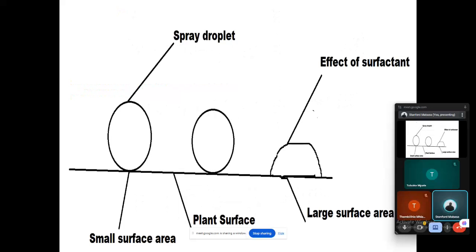Here I've got a diagram showing a droplet. The first one is in contact with the surface, displaying a small surface area, and can easily roll off. But if you add a surfactant, you can flatten it so that it can stay on the leaf.